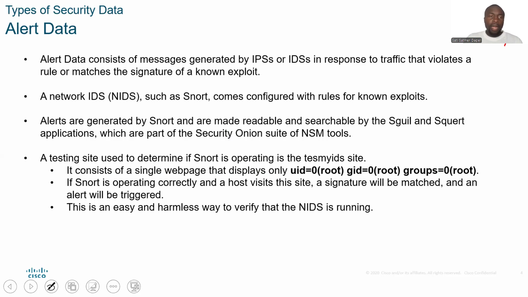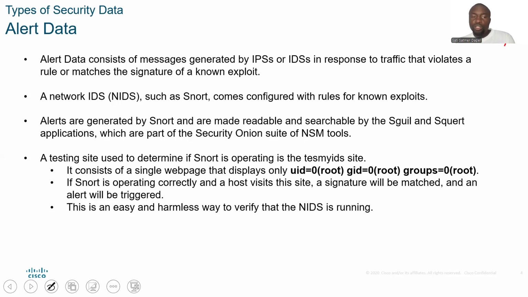Alert data consists of messages generated by IPS, that's intrusion prevention systems, or IDS, intrusion detection systems, in response to traffic that violates rules or matches the signature of a known exploit.